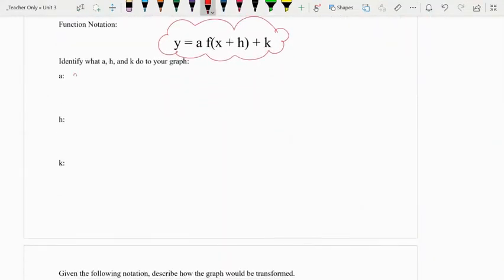And what it comes down to is when a is greater than 1, aka a whole number, it's going to be a vertical stretch. So this is what you're thinking about with the giraffe, right, above. So with the giraffe, right, it vertically stretched. That was an a situation, okay?